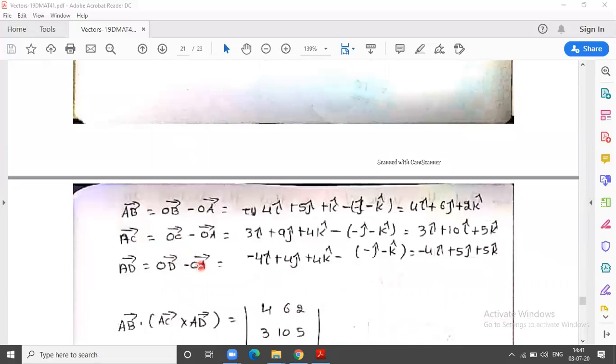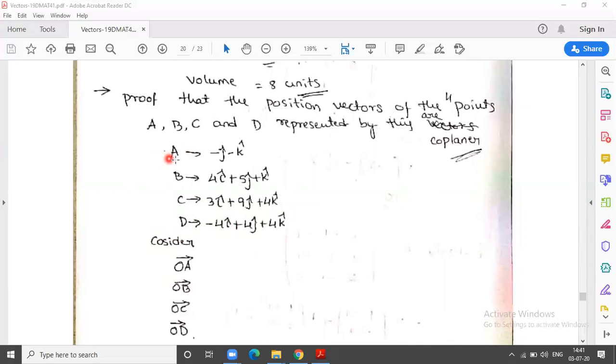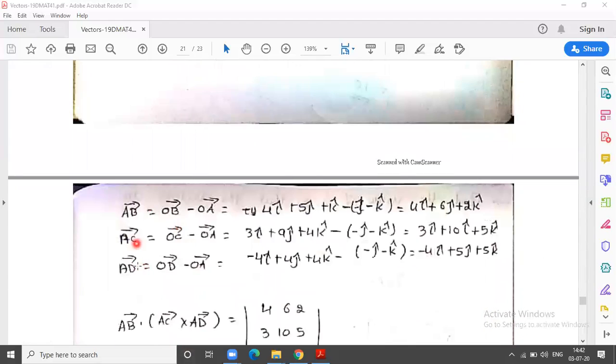Now, whatever is written here, A will indicate OA, B as OB, C as OC, and D as OD. So now you have to find AB, AC, AD, then we will get the sides. Vector AB means OB minus OA.